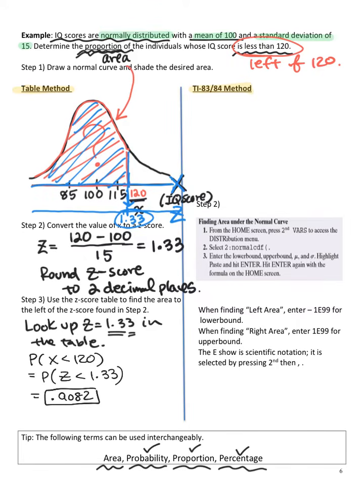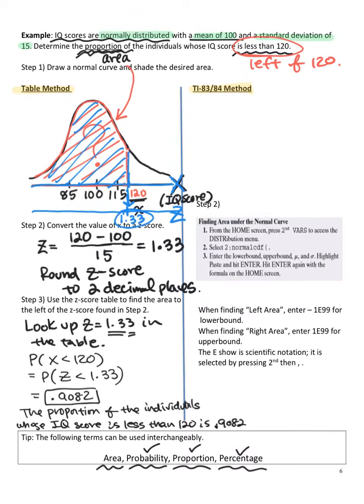So what this number means is that the proportion of the individuals whose IQ score is less than 120 is 0.9082, or 90.82%. Okay, so now let's learn how to do this problem using our TI-84 calculator.